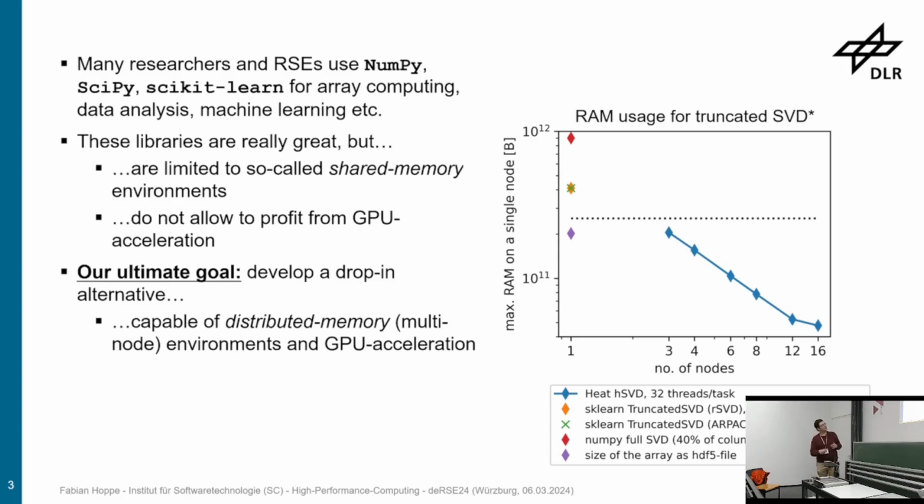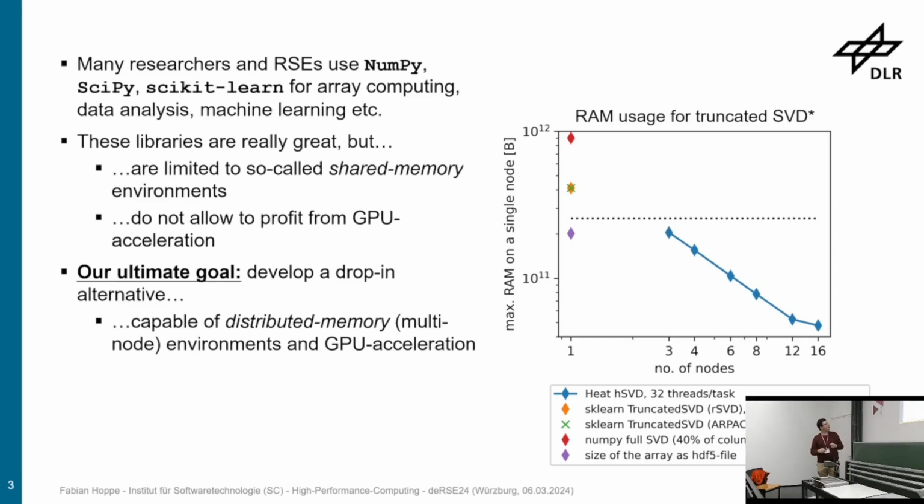So here you can see if you do this in the software library HEAT, you can easily use 3 or more nodes, and then the memory consumption per node goes down proportionally. So if you would start with a much larger data set, then you couldn't handle it on a single node, but now you could still handle it on a higher number of nodes.